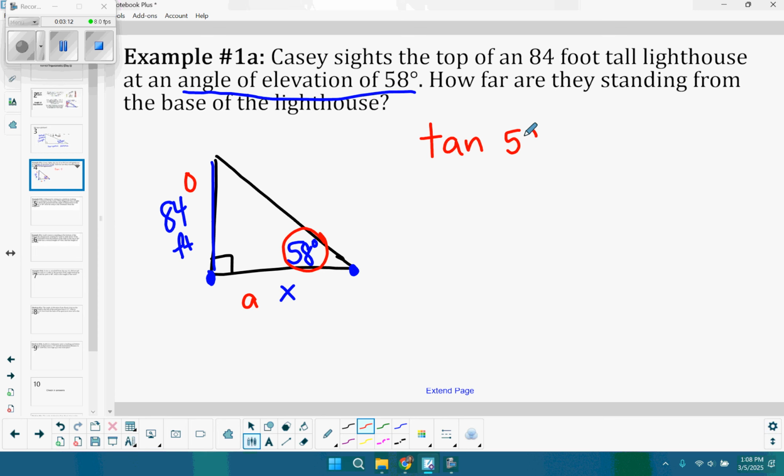So tangent 58 is equal to 84 over X, O over A. Because the variable's on the bottom, numbers on top, we're going to end up using division. So X equals 84 divided by the tangent of 58. And on our handy dandy calculator, we would do 84 divided by tangent 58. And we would get 52.5.